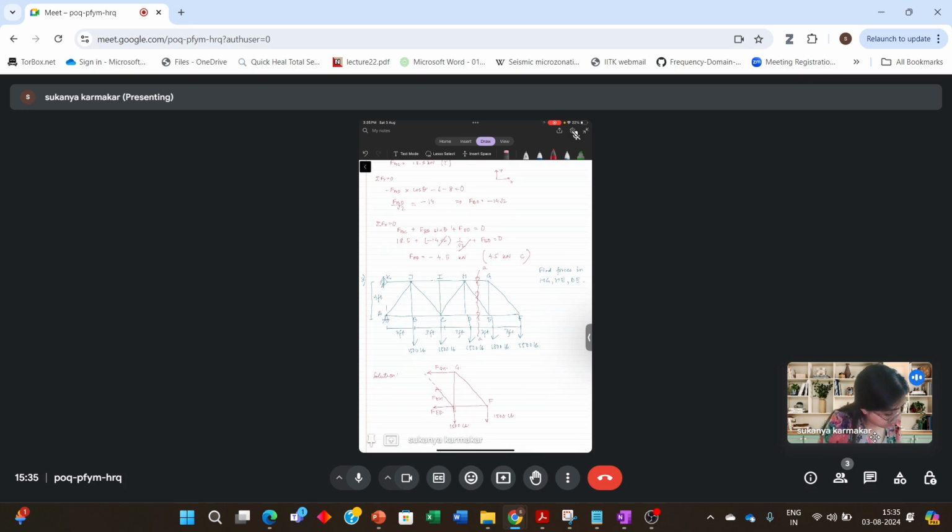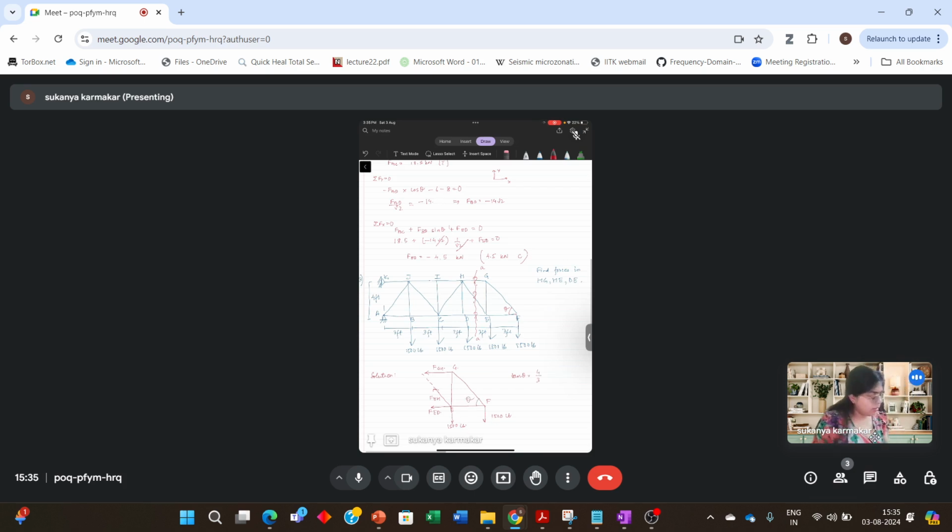And this theta can be seen here, tan theta is 4/3. This is theta.